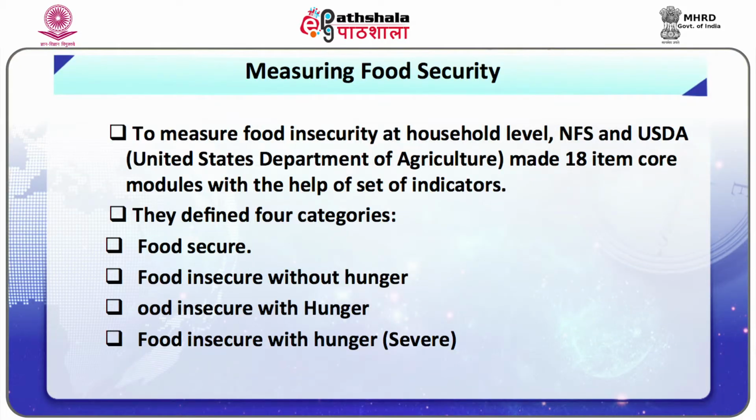To measure food insecurity at household level, NFS and USDA made an 18-item core module with the help of a set of indicators. The task was ultimately to develop standard measures of food insecurity and hunger for the United States at household level.